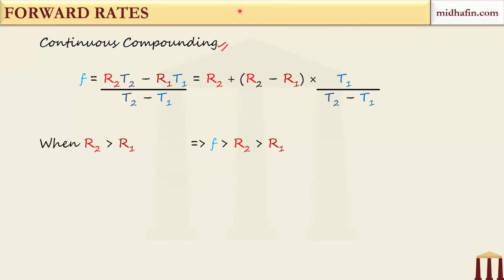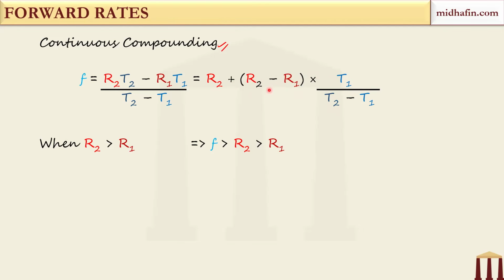And can you explain why, if this is the case? See, when R2 is greater than R1, is this term positive or negative? Positive. And of course, these are already positive, right? Time index T1 and T2 minus T1 is also positive. T2 is greater than T1, so T2 minus T1 is also positive. This is positive, this is positive.